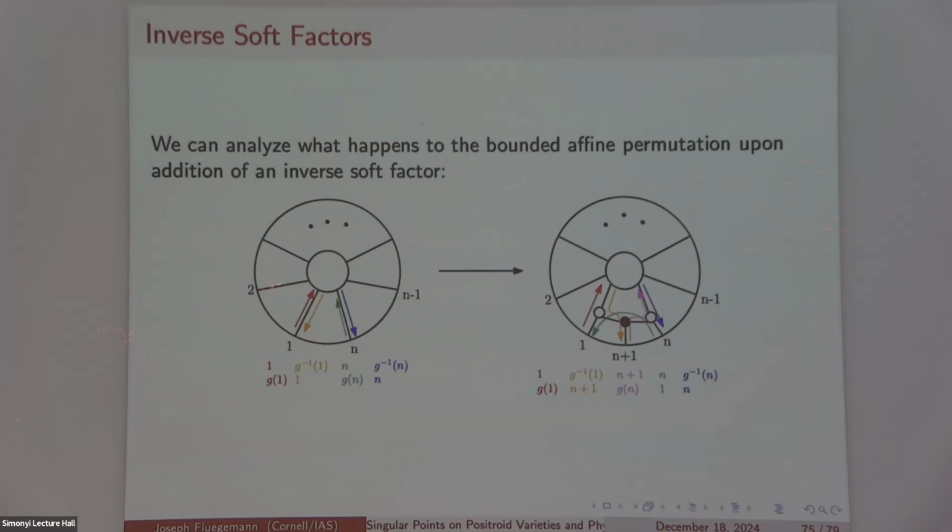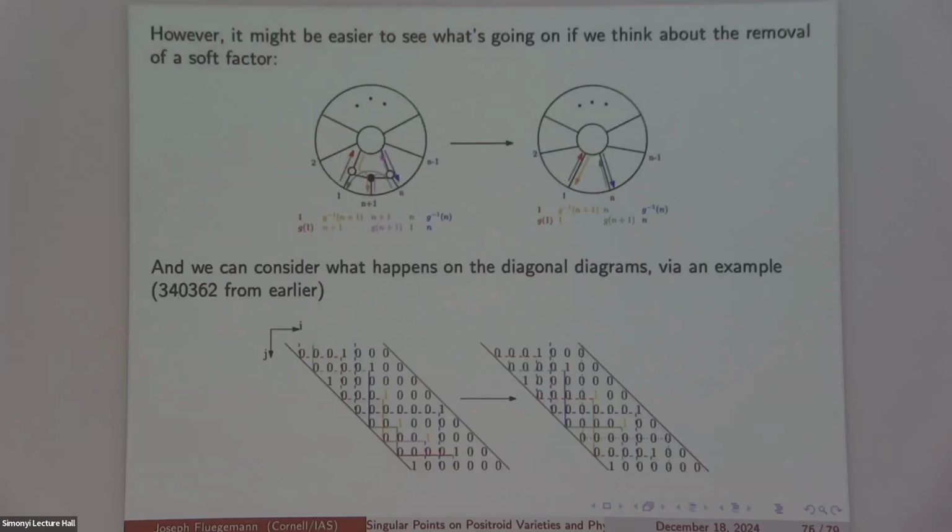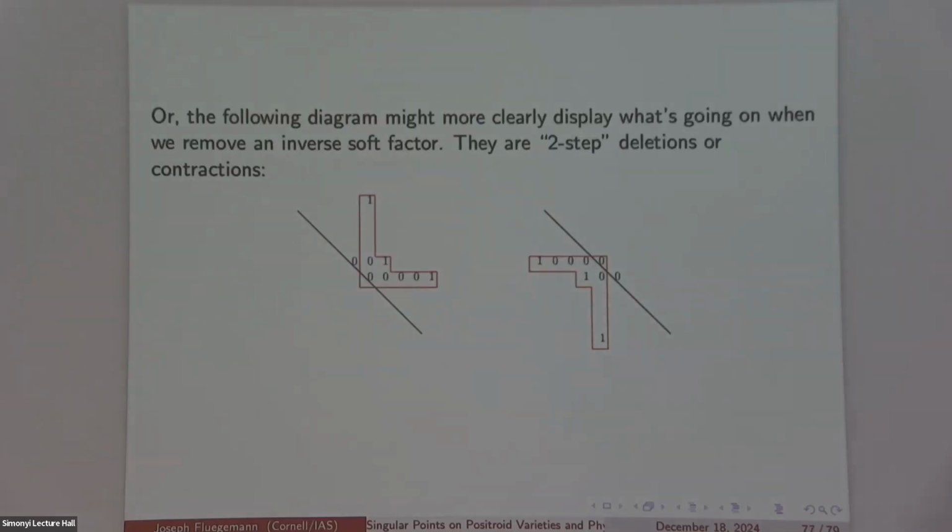So if we look at what happens for the bounded affine permutation when you add one of these in, this is going to be the inverse. If you look at the diagonal diagrams, it's going to be sort of an inverse deletion or contraction. So it may be easier to see. Specifically, in most cases, it's going to be a 2-step deletion or contraction for one of these diagonal diagrams. That is what happens when you remove one of these inverse soft factors.